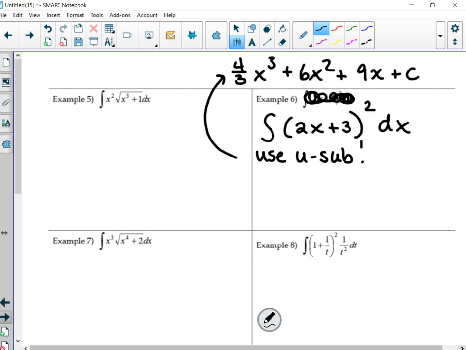Get an antiderivative for that new problem 6, and let's see if what we get is equivalent to what we got when we did it the long way. While you're doing that, I will get ready to check our answer together.